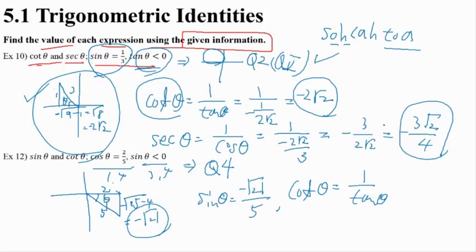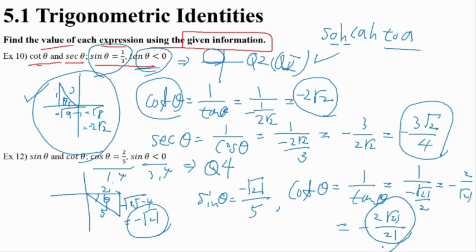So equal to 1 over how much tangent theta? Here you go. So negative square root 21 over 2, which is negative 2 over square root 21, and rationalize: negative 2 square root 21 over 21.